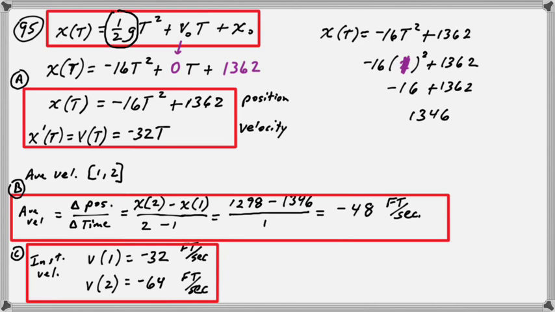D says find the time required for the coin to reach the ground and the velocity of the coin at impact. If I remember, our position was negative 16t squared plus 1362. Is that right? 1362.